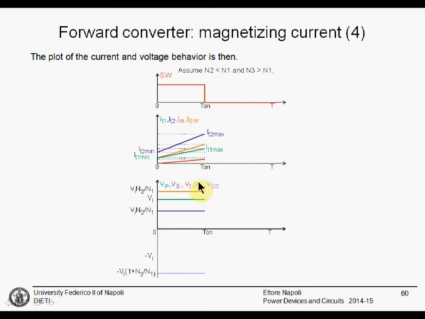The voltage on the tertiary winding V3 will be positive and proportional to N3 divided N1. Since we assume that N3 is larger than N1, this is larger than Vi. And finally, the D3 voltage that is negative, but much larger than Vi, for the assumption that we made. These plots are not to scale, obviously.